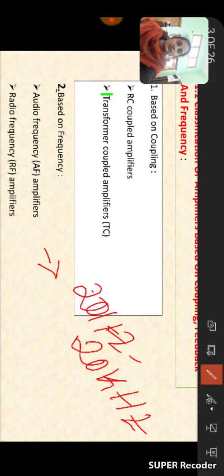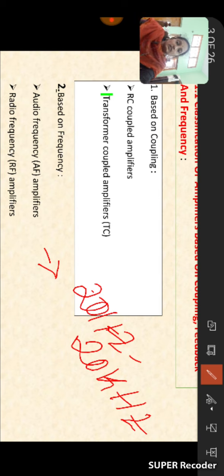What is the range of the signals? 20 Hz to 20 kilohertz. Audio frequency amplifiers increase the strength of signals in the audible range, which is 20 Hz to 20 kilohertz.